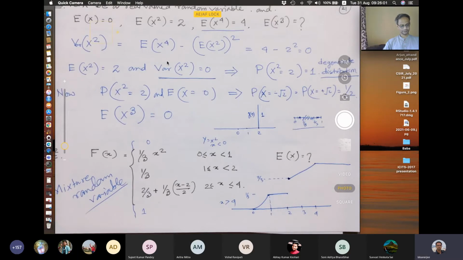Then at 2, what is the probability? 1/3. Then from 2 onwards to 4, what will be the PDF? 1/6.